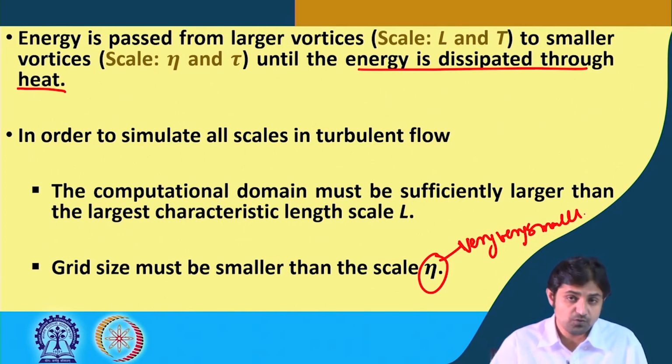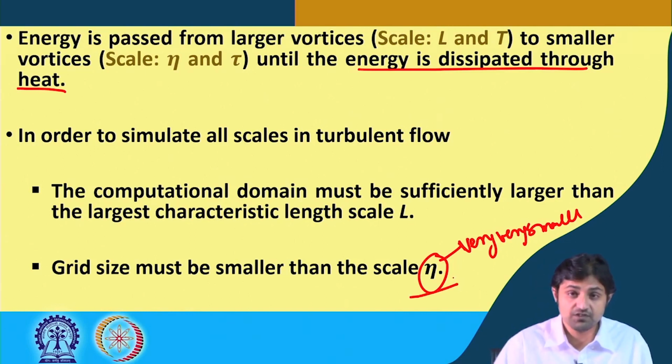So, to be able to model all the scales of energy in direct numerical simulation, the two things that are important are that the total domain, meaning the study area, should be larger than the length L, which is of the order of meters, several times hundreds of meters. But the grid size must be smaller than this Kolmogorov length scale, which is very small.